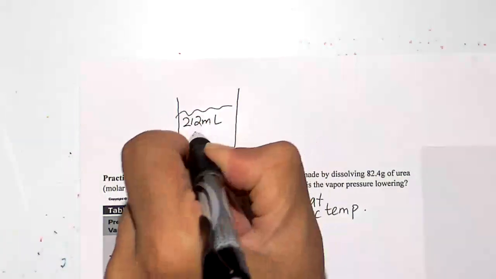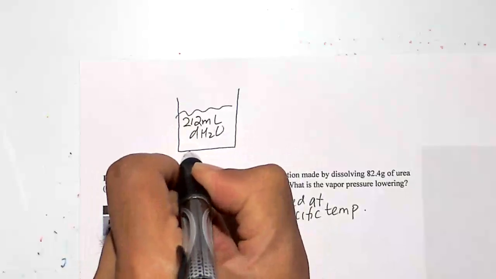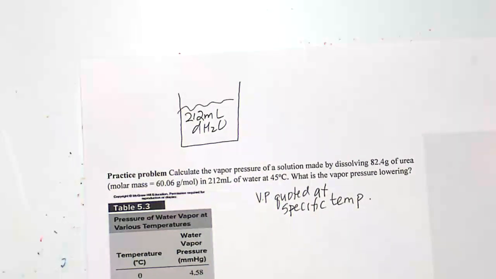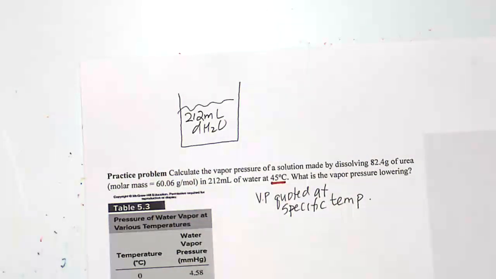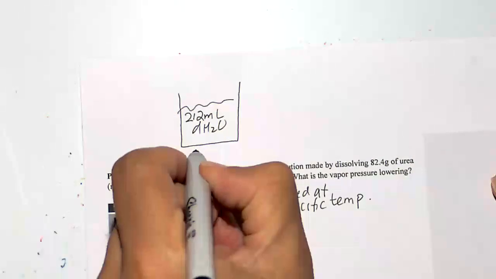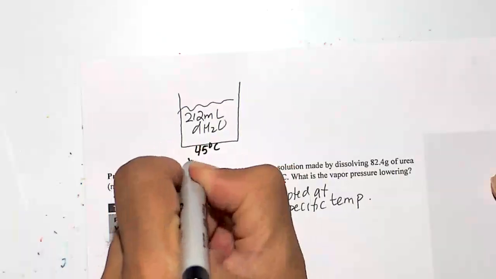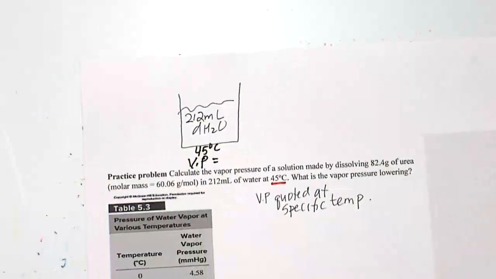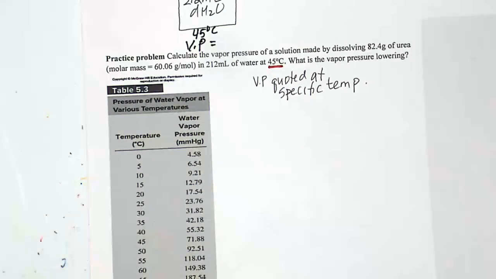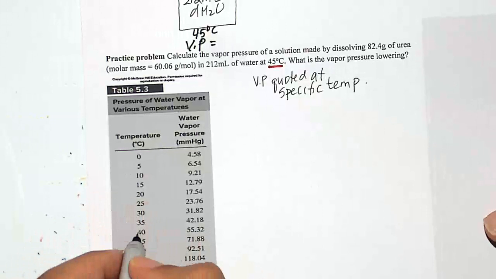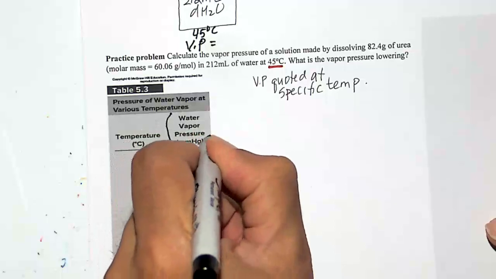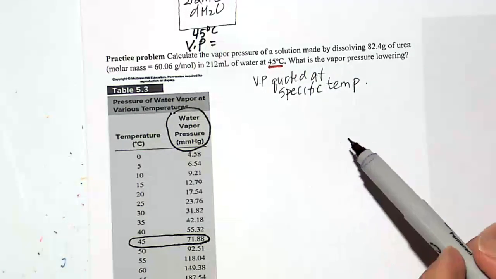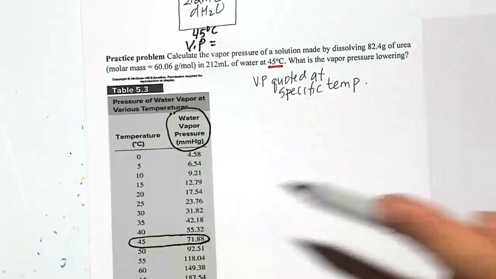We have 212 mL of water. What's the temperature? 45 degrees. What is the vapor pressure of water at 45 degrees? The vapor pressure of water at 45 degrees is 71.88 millimeters of mercury. That's something we get from the table. You don't have to memorize it, because vapor pressure is quoted at a specific temperature.